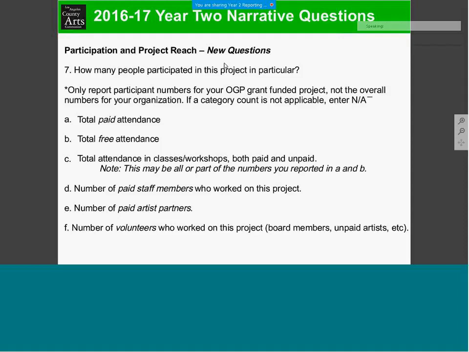The question is specifically asking you to provide the quantitative figures, the numbers of how many people participated in this specific grant-funded project. And we deleted the types of participants for the project.